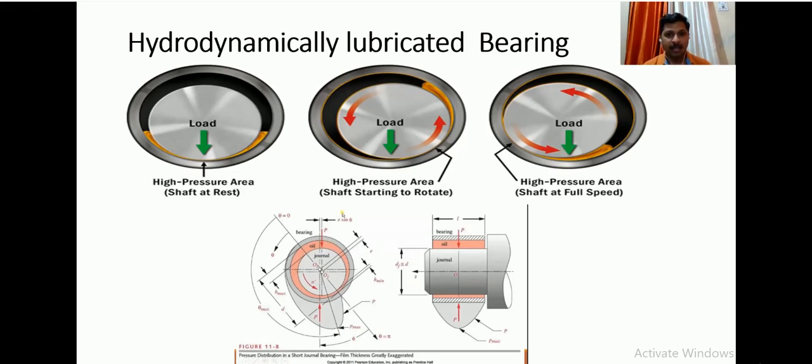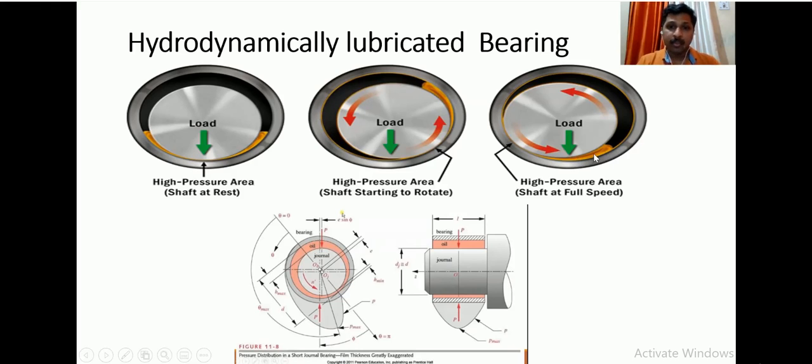As soon as the shaft starts moving, the shaft shifts towards the direction of motion. The oil between the shaft and the journal surface gets pressurized and is moved towards the other direction, like you can see here. This pressurized oil will try to move and fill up this vacant area.